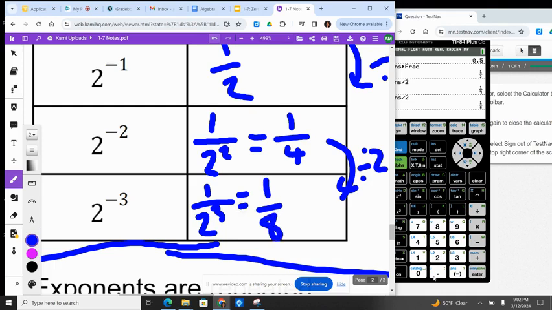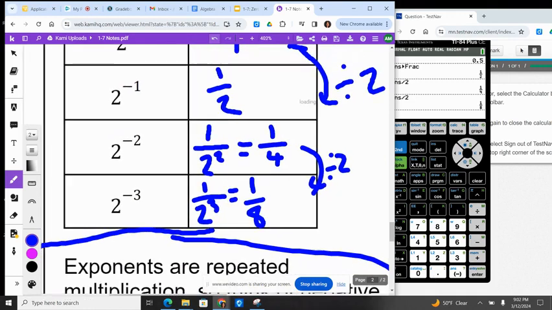So now you can see what I'm doing here. I want you to look at this pattern. It goes 2 to the -1, and then it brought it down into the denominator and made it a positive exponent.